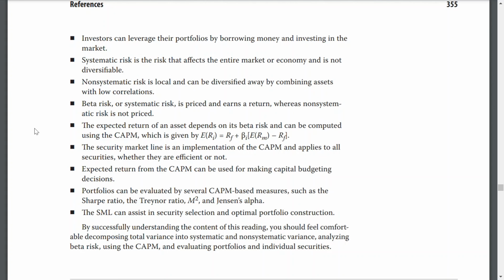Portfolios can be evaluated by several CAPM-based measures, such as the Sharpe ratio, the Treynor ratio, M-squared, and Jensen's alpha. The SML can assist in security selection and optimal portfolio construction. By successfully understanding the content of this reading, you should feel comfortable decomposing total variance into systematic and non-systematic variance, analyzing beta risk using CAPM, and evaluating portfolios and individual securities.